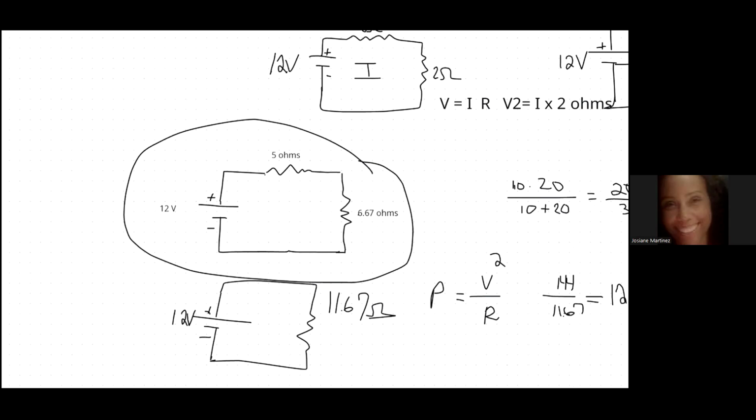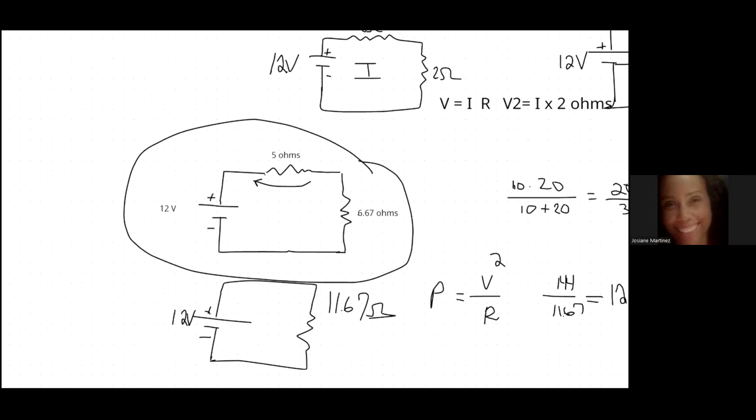Remember that the energy drops as you go through the circuit. So there's a total loss of 12 volts across these two resistors, but each one takes a portion of energy.